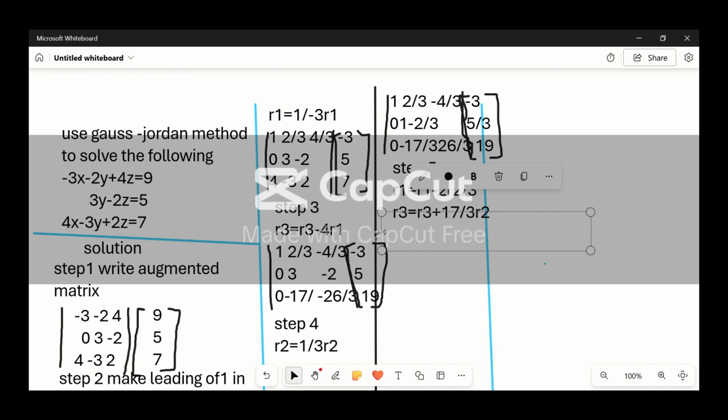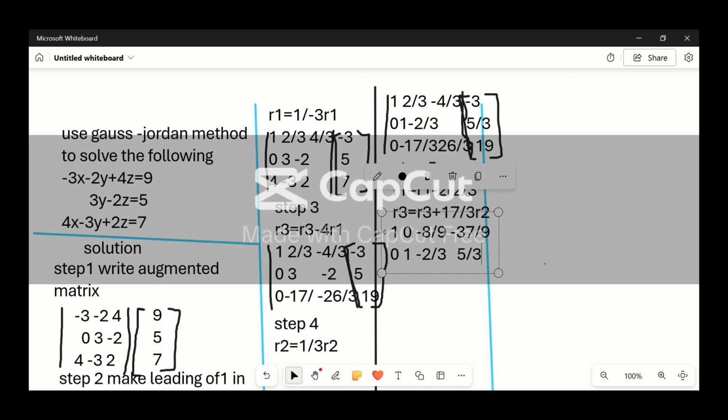So the updated matrix should be equal to 1, then 0, then negative 8 out of 9, and for the third part we have negative 37 out of 9. This is for the first row. Then the second row we have 0 and 1 and negative 2 out of 3, and for the third one 5 out of 3.